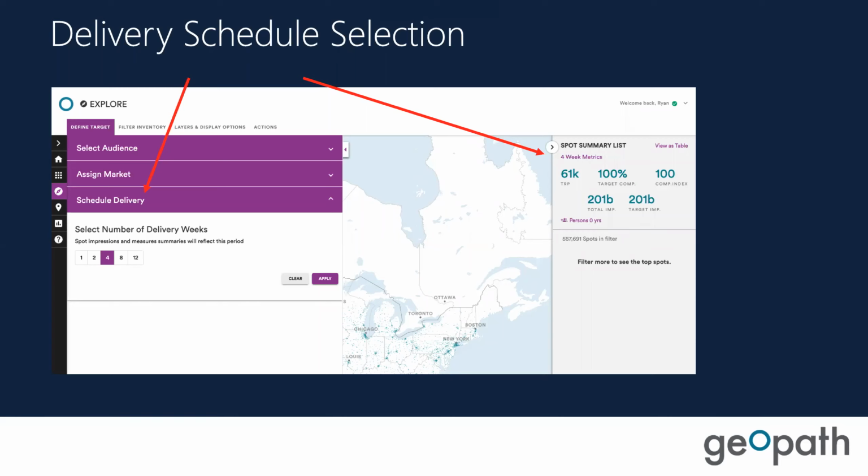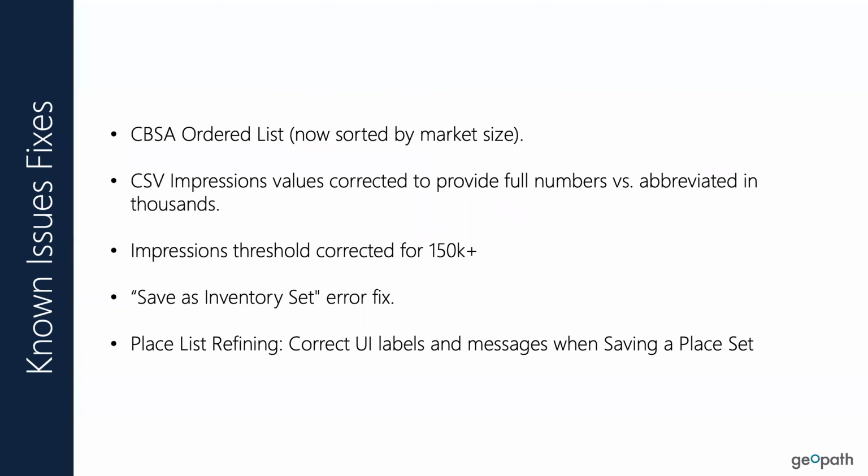Then just a couple of bug fixes. We truly appreciate everybody letting us know when they run into an issue, because that helps us correct and update those. A couple of the more notable ones: the CBSA list is now sorted by market size in the define target tab.